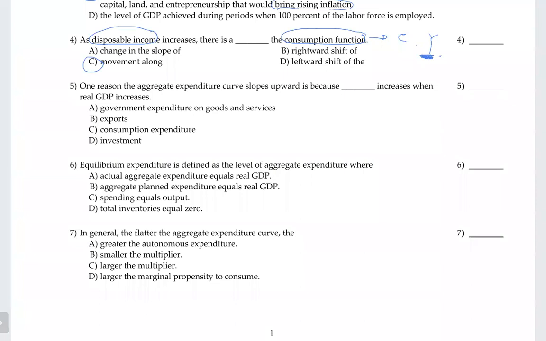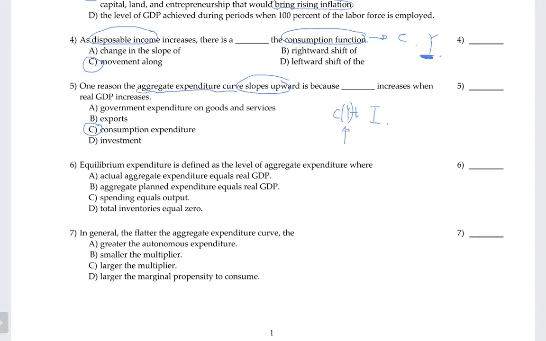Now question 5. One reason the aggregate expenditure curve slopes upward is because... the answer is C. The aggregate expenditure curve essentially equals C plus I. The C function is increasing with income, right?